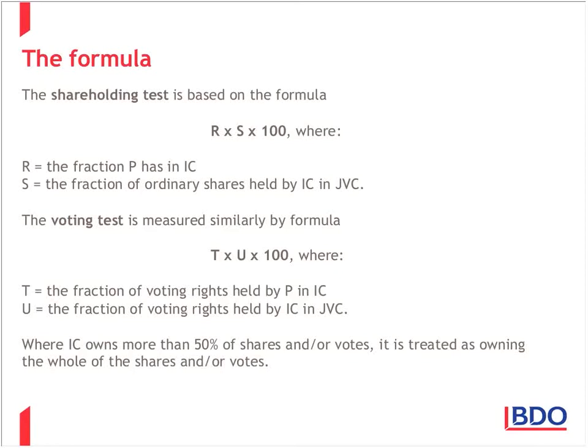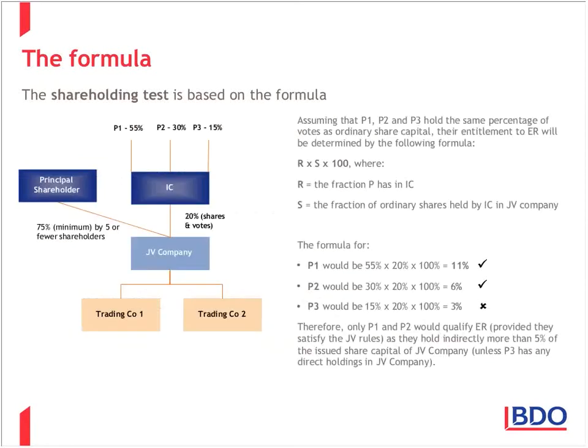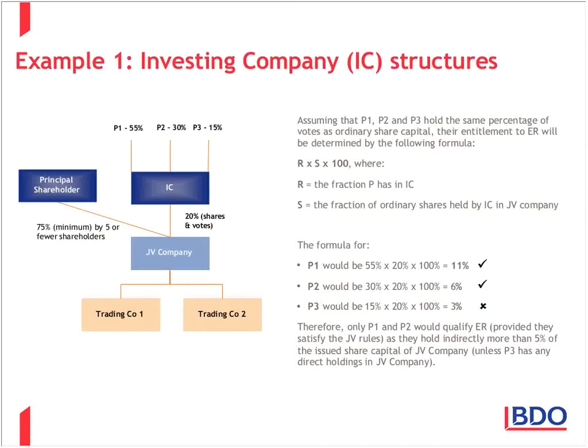And although the formula are very complicated, it's a little easier to understand how they work when we look at some examples. So if we look here at example 1, we've got 3 shareholders, P1, 2 and 3, who together own 100% of the shares in the investing company, which is IC on the graph. The investing company owns 20% of the shares and votes in the underlying JV company.